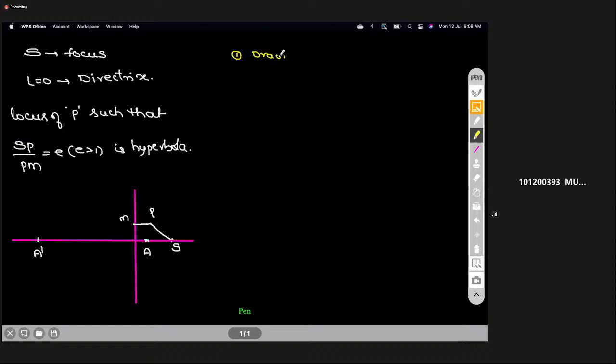These steps are very common to ellipse, parabola, hyperbola. In a parabola, equidistant means only one point will come. In ellipse and hyperbola, two points we will take. Draw a line perpendicular to the directrix through the focus.